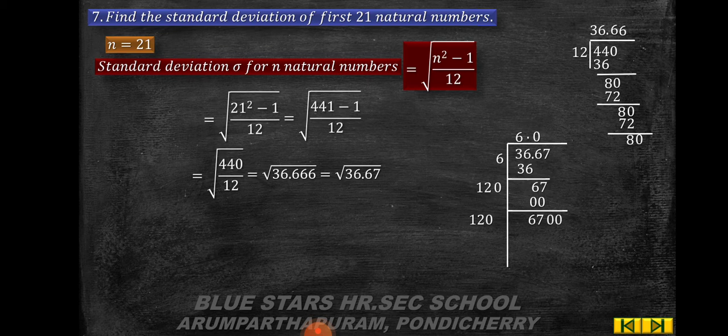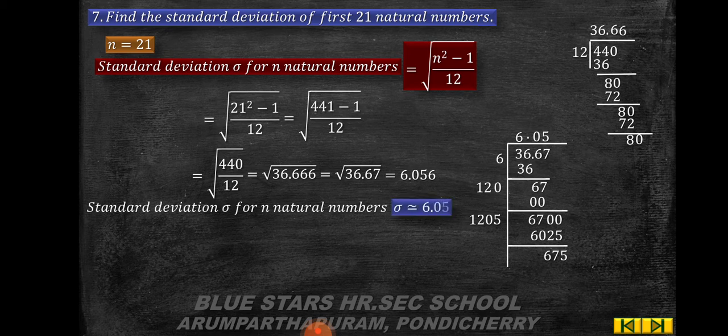So 1205 into 5, you get 6025. So the remainder is 675. So you get the value which is equal to 6.056. So the standard deviation for first n natural numbers is equal to 6.05.